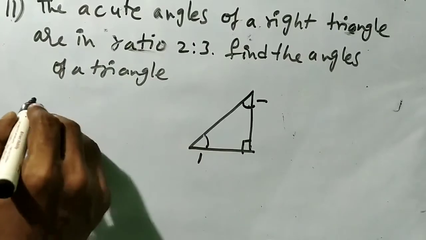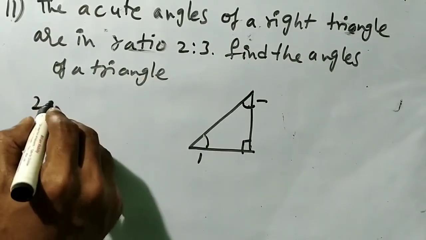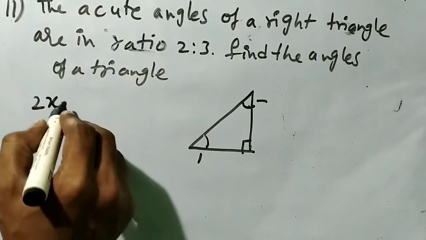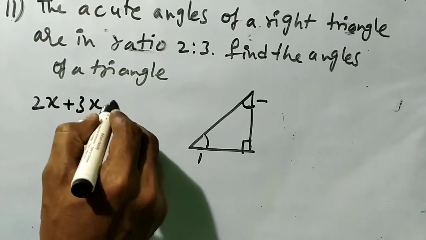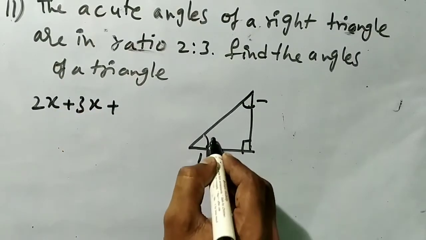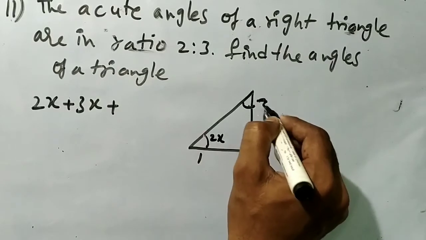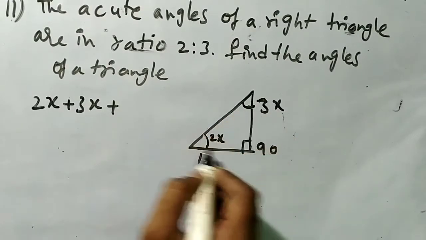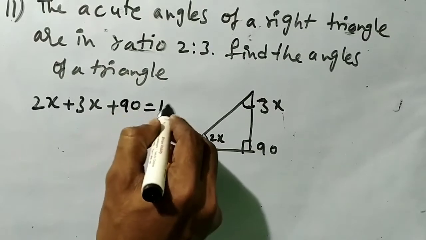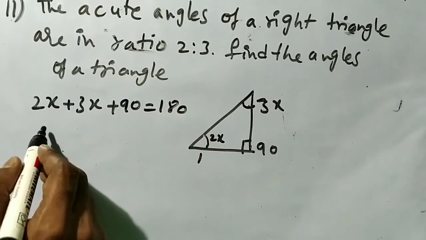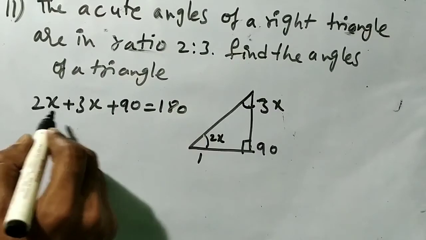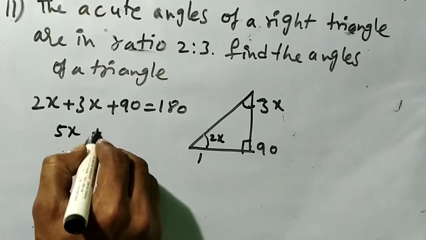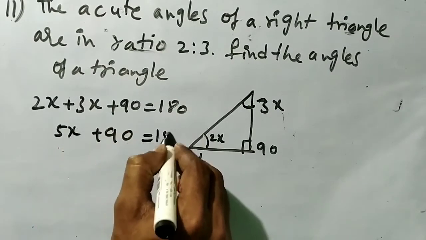We know the ratio is only 2:3, but we don't know the angles. Let us take 2x and 3x, and this one is 90. Summation of interior angles is equal to 180. So we can get the angles easily here. 2x plus 3x is equal to 5x, plus 90 is equal to 180.